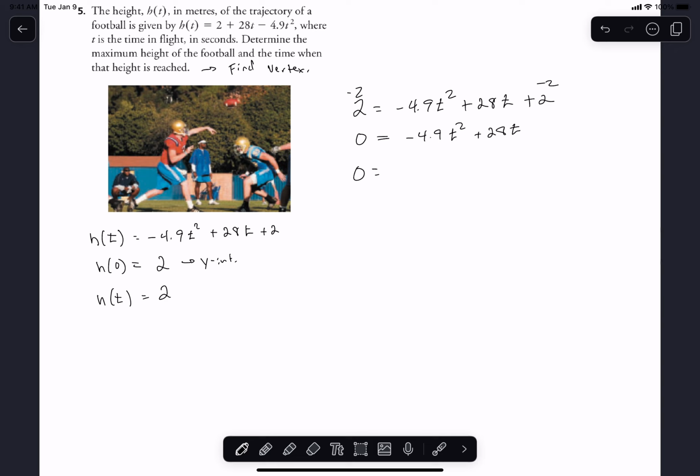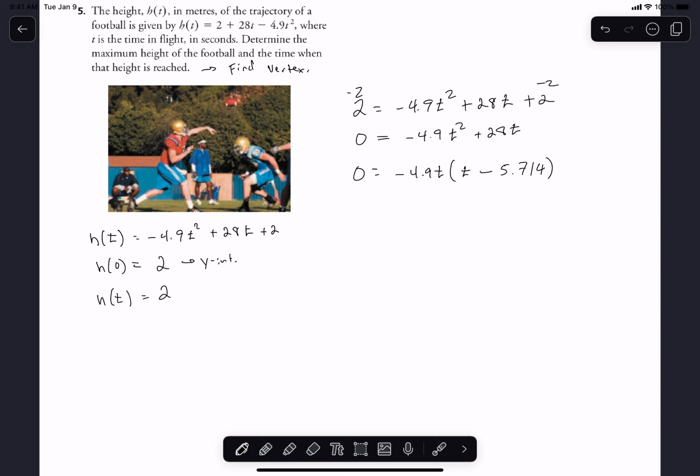I'm going to make sure whatever equation I give you on the test is easily worked with without a calculator, right? So I'm going to remove the negative 4.9t, and then write in t minus 5.714 or whatever.